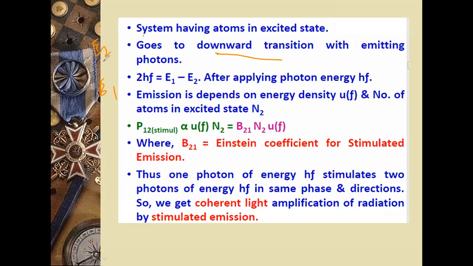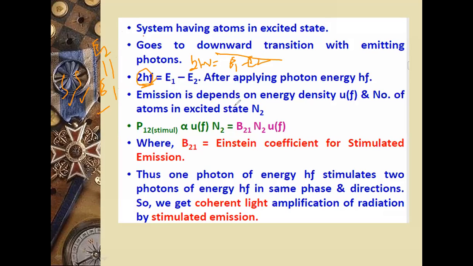Both actually help the atoms come from the higher energy level to the lower energy level. Okay, and you are getting 2 photons, right? 2H nu is equal to E1 minus E2, right?